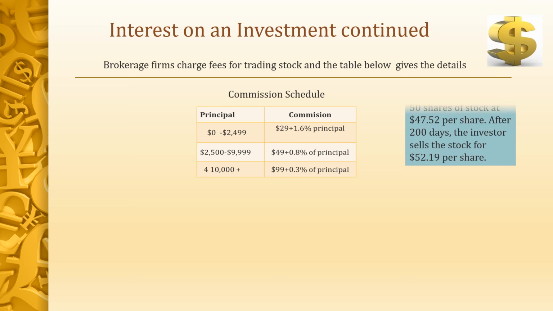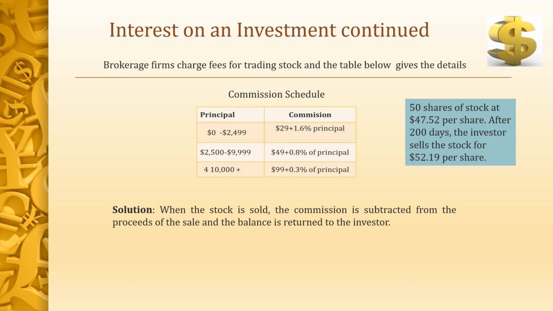But for the same commission schedule here, after 200 days, the investor sells the stock for $52.19 per share. So since it is sold at the rate of $52.19, you multiply 52.19 by 50. That will be the principal amount. And this principal amount falls in the second category, between 2,500 and 9,999, for which the commission is not calculated like the previous one.